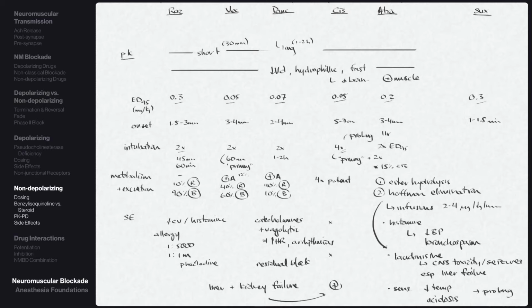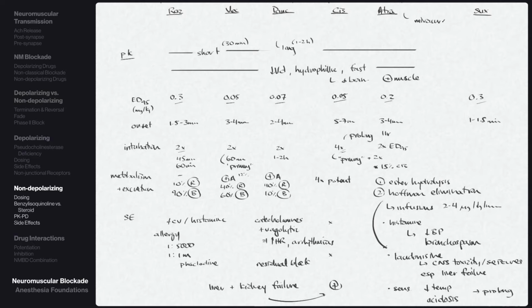And so now that we've talked about our general classes of benzylisoquinolines and our steroids and our most common types of neuromuscular blockers, I'll mention another one that we used to have and is not available in North America anymore, but is more common in Europe, is called mivacurium.